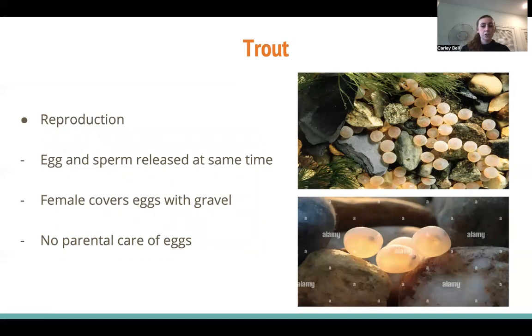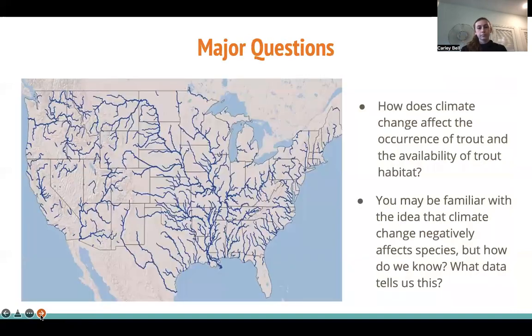As you can see in these pictures, they are around this gravel that the mother trout has put them in, but there's no fish that can be seen around the eggs in these pictures. So there's no parental care. So if the flow regime is too harsh, it can just wash the eggs right away and they won't be able to reproduce. So that's why trout cannot survive in stream reaches that have harsh flow regimes, because there's no way for them to reproduce.